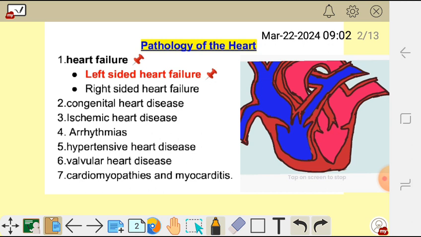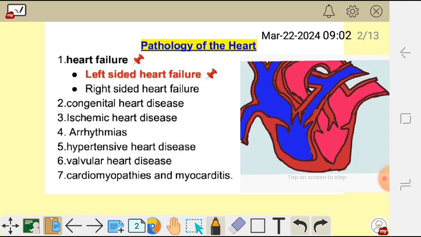So now, we're going to look at left-sided heart failure. In left-sided heart failure, we're talking about the left heart, the left ventricle and the left atria. Heart failure is the failure of the heart to pump adequate blood to the tissues.